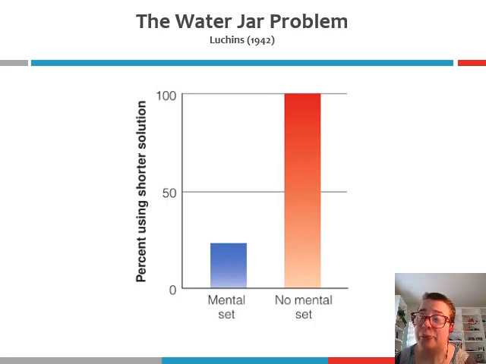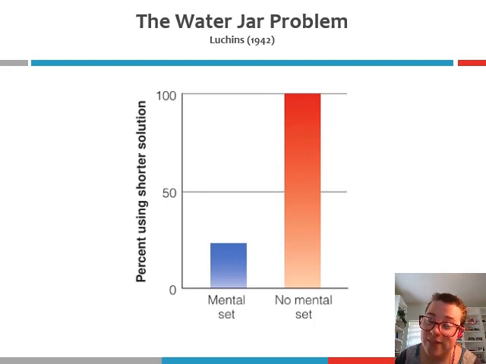And what he found, the result, was that only 23% of the participants in the mental set group used the simpler solution for problems 7 and 8, but all of the participants in the no mental set group used the simpler solution, right?